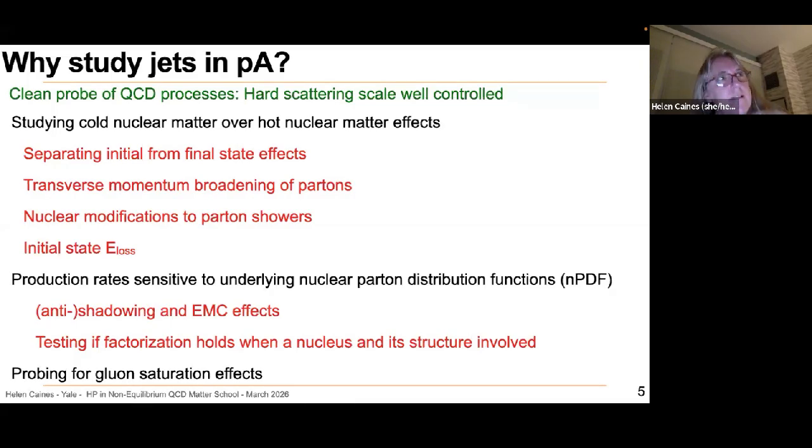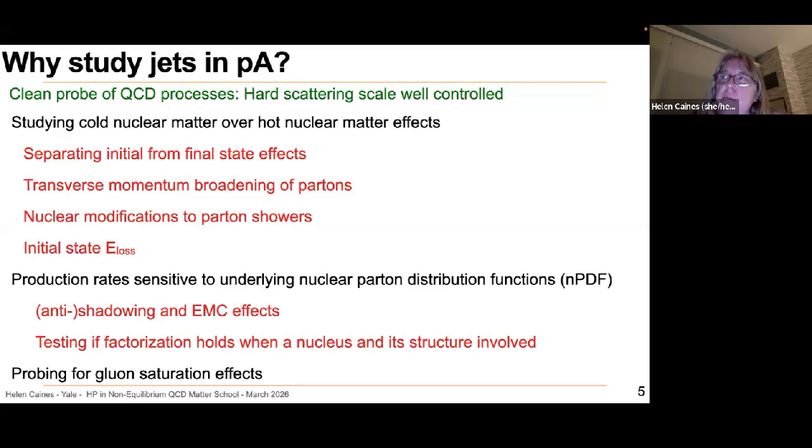And what we mean by that is the hot nuclear matter effects are how the jet interacts with the quark-gluon plasma. This is a big field of study, and we're going to talk about that a lot later in the school. So we have these measurements that we make in AA. We have a pp collision, but we want to look at what happens if we have cold nuclear matter. So we put a nucleus into the collision, but we don't expect the quark-gluon plasma to be formed.